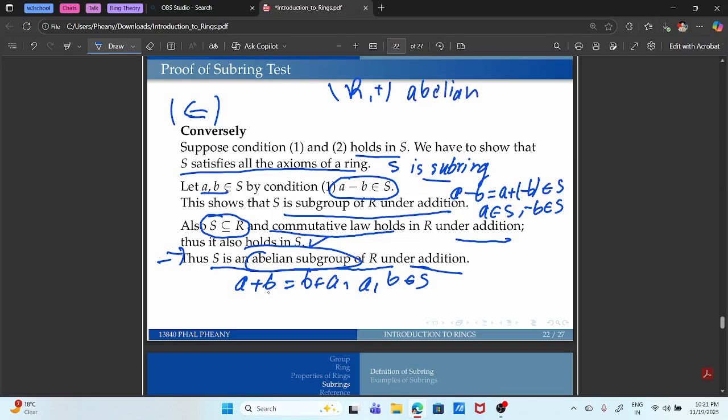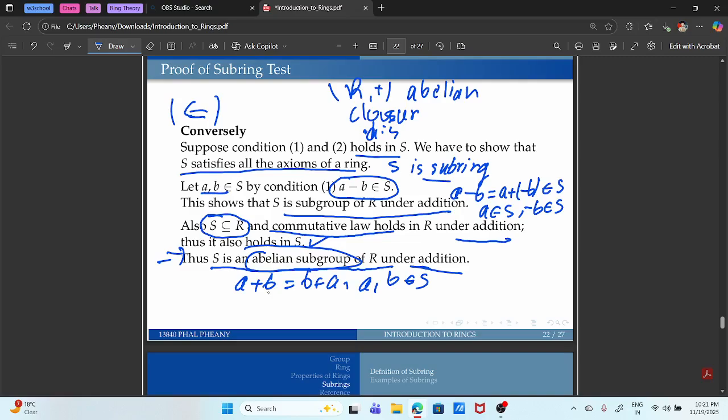Sorry, it has four properties. The first is that it is abelian, then it is closed under multiplication, and then it holds for the distributive law.